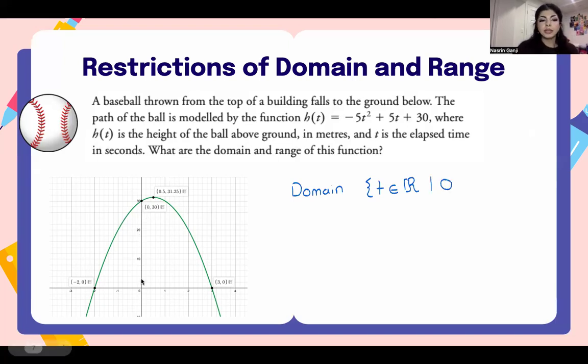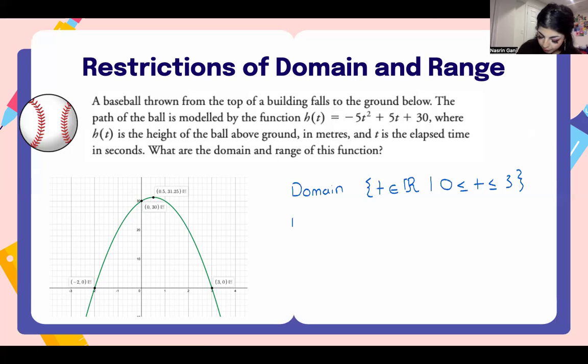So our time starts at 0, and at 3 seconds, it has landed back on the ground. So in this function, we care about the time in which the ball is in the air, so we will be restricted for t to be between 0 and 3 inclusive.